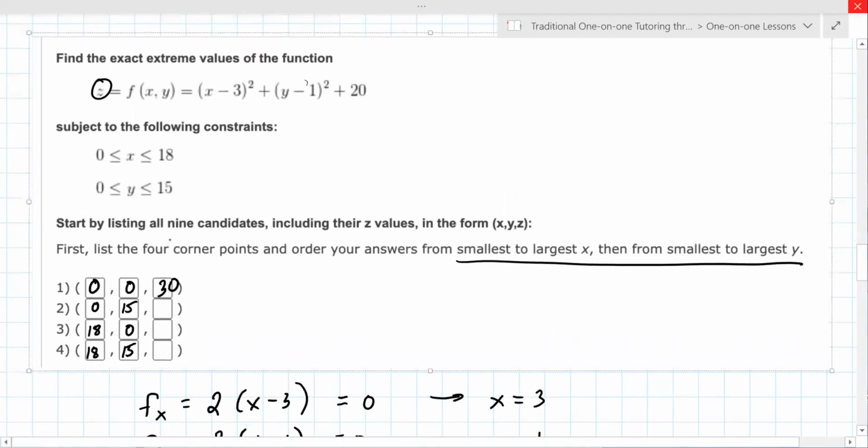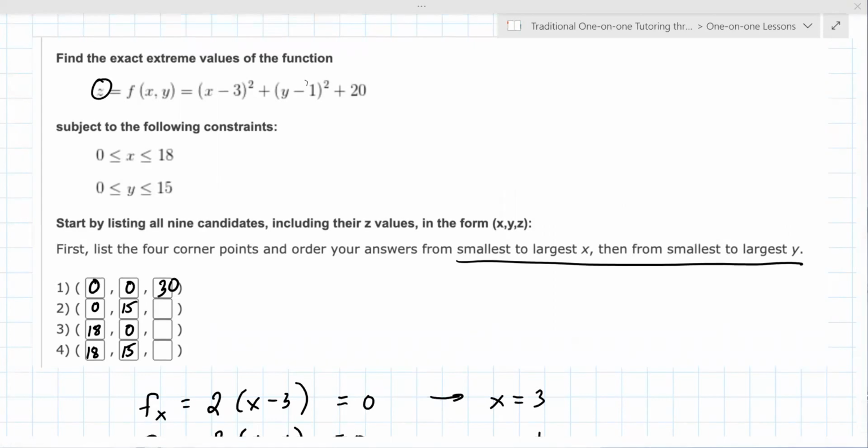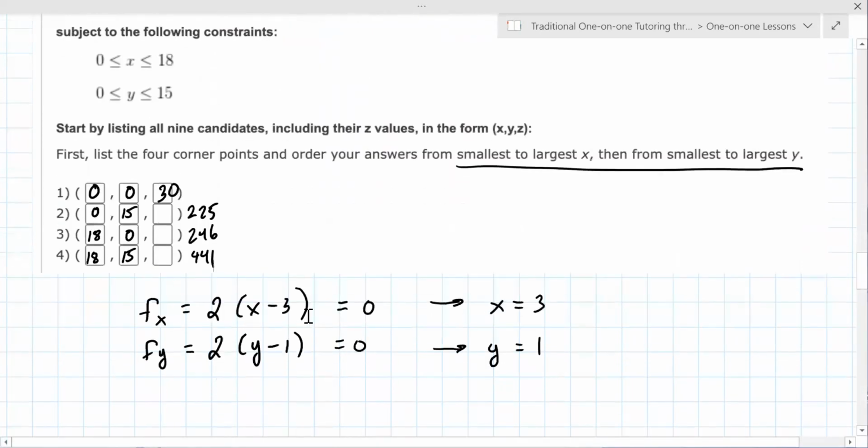The TI doesn't really suit doing 2 variable calculations. 1 variable, it's usually okay. So it's 225. So I think you got those there.